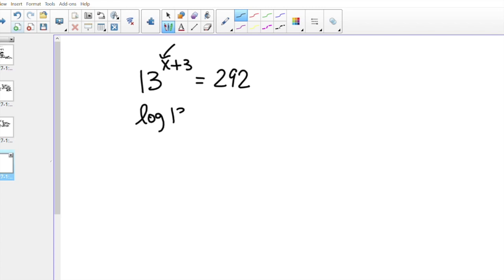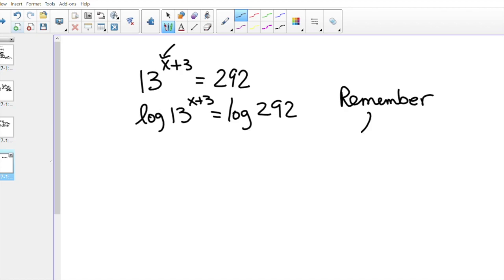Log of 13 to the x plus 3. Now, if you write log in front of 13, what you do to one side of the equal marks, you must write it on the other side. Now, let's remember, though, this is Mr. Napier's logarithms, and he said, if you're taking the logarithm of a number raised to some power, you write the power times the logarithm of the number.